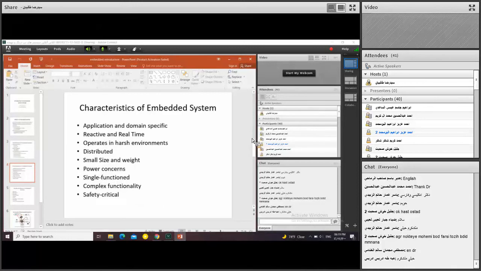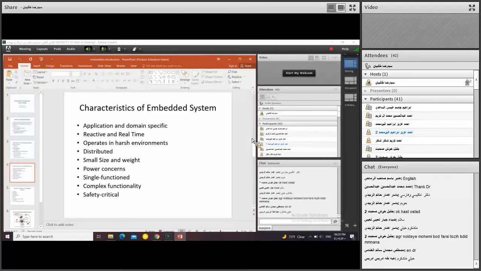And now we want to speak about some main characteristics of embedded systems. Okay, what about the main characteristics of embedded systems? It means that one embedded system must work in these situations, or must have these specifications or characteristics.